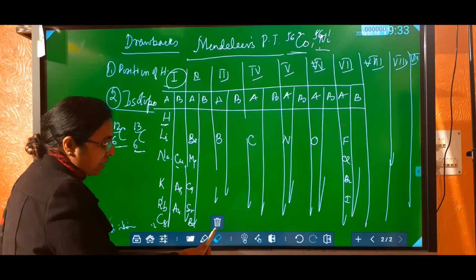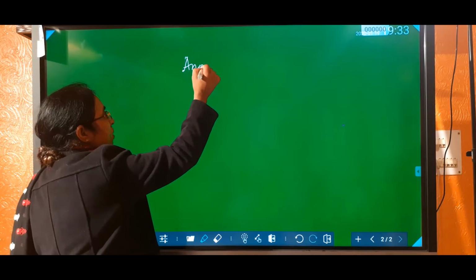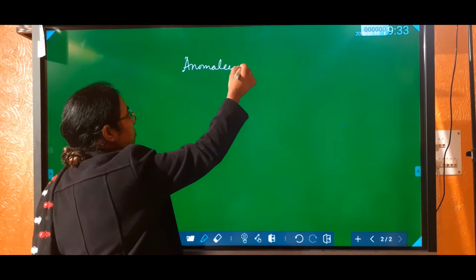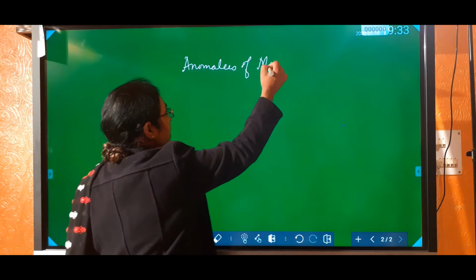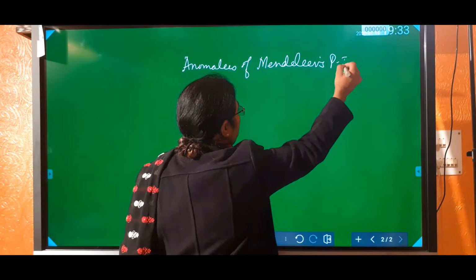Now let us write this in a tabular form, what all anomalies were there. Anomalies of Mendeleev's periodic table.